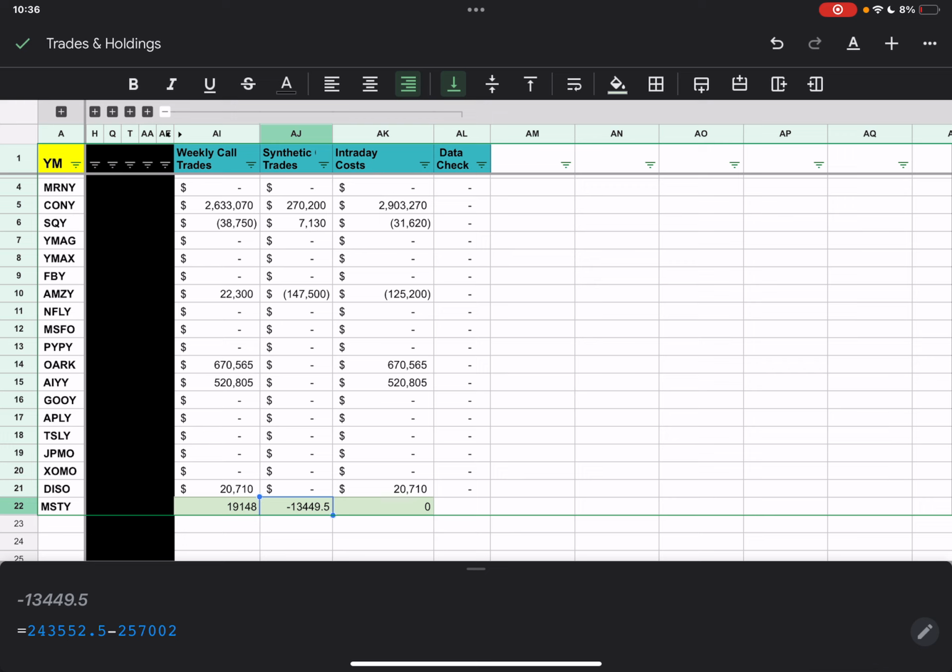So that number right there is, oh, I know why. Because I went to the February 23rd tab and not the February 22nd tab.